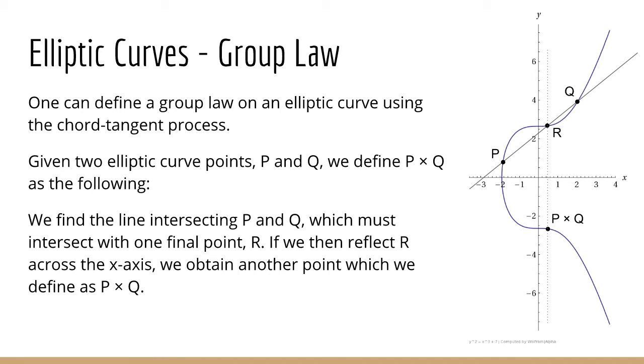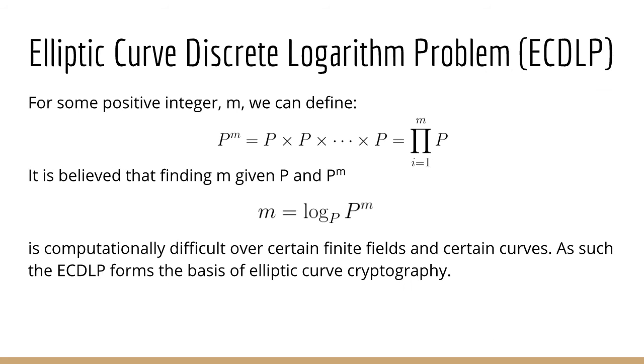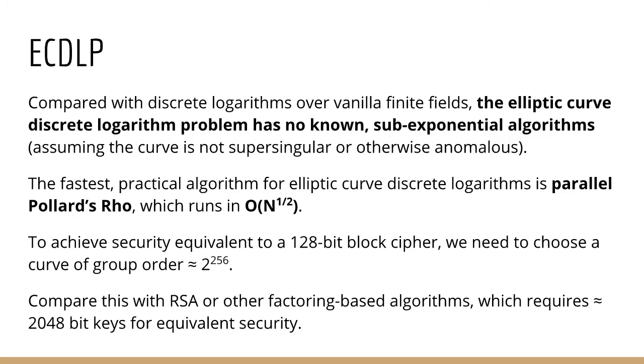I actually have a slide. I'm going to skip all the math, but it's there if you want to look at it. Essentially, we can formulate a discrete logarithm problem on top of these elliptic curves. Again, I'm going to hand wave over this because it's not super important. But the reason why we use elliptic curves is because they give us much smaller key sizes.